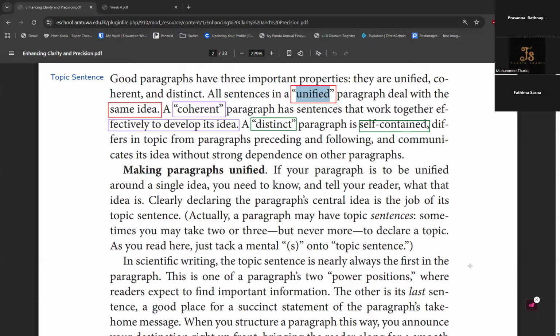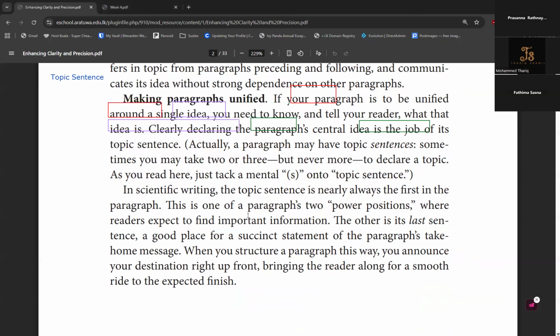Let's look at what is making paragraphs unified. I'm reading. If your paragraph is to be unified around a single idea, you need to know and tell your reader what that idea is.